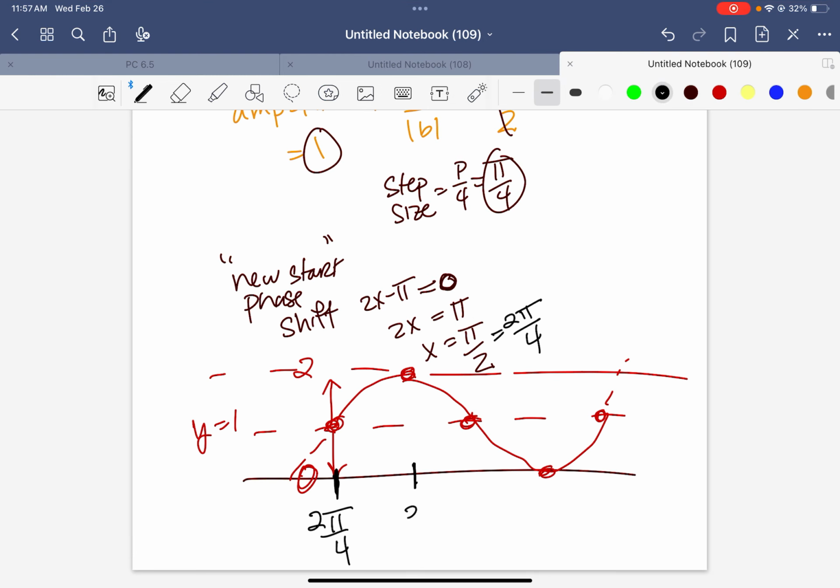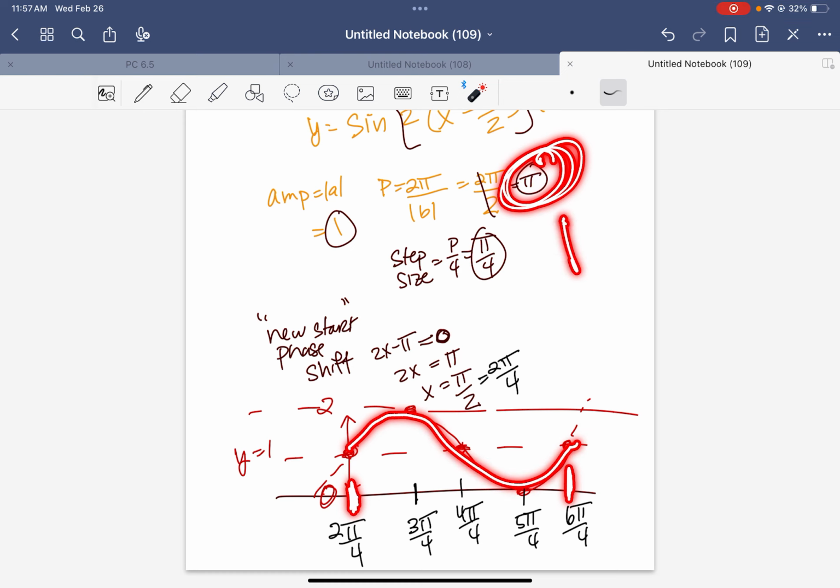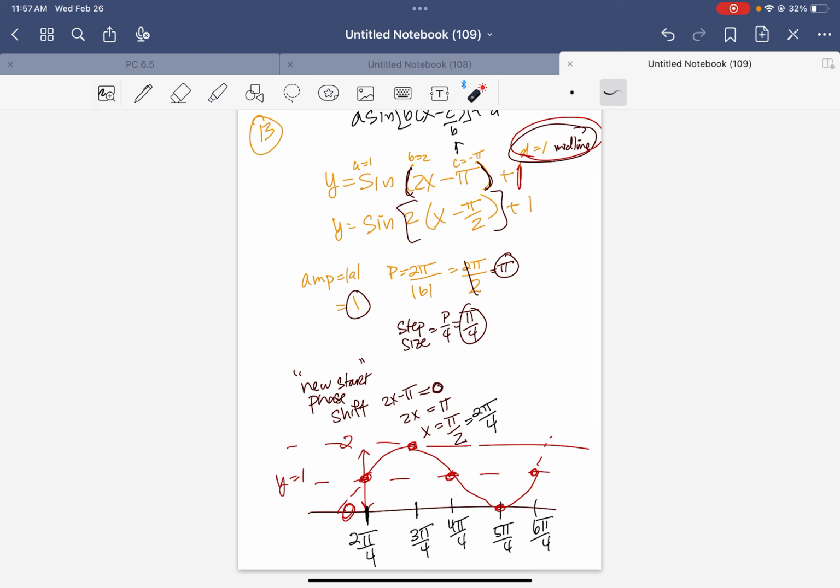So take one step and get 3 pi over 4, then 4 pi over 4, then 5 pi over 4, and then 6 pi over 4. I think you'll notice that if you take 6 pi over 4 minus 2 pi over 4, you're going to get 4 pi over 4, which is pi, because one cycle is how long the period should be. Is that good? Yeah, that's good.